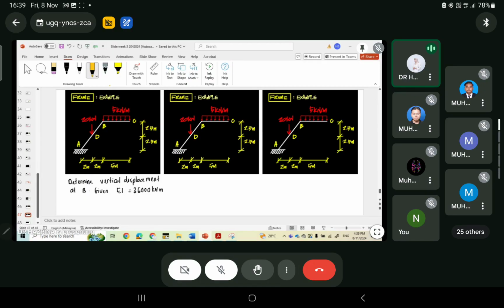First kali, soalan ni, you ada cara pertama, you can cut the sections. Here is X. And then BD. Okay, you have another X. Okay. And then you have another X.